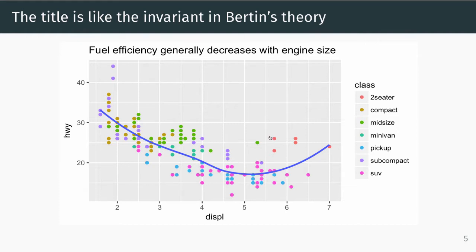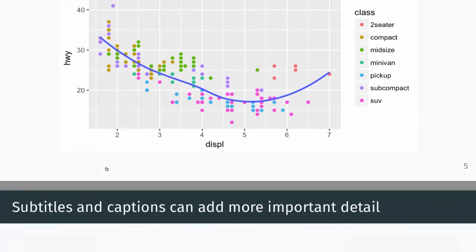Remember that it's generally decreasing, that we have this one thing that prevents it from strictly decreasing, which is that the two-seaters, this class of cars, are extremely lightweight and have extremely large engines. So they get worse mileage because they have big engines, but they get better mileage because they're lightweight. So they, as a group, are kind of outliers. And notice this smooth line through the graphic. We'll explore that again in a minute.